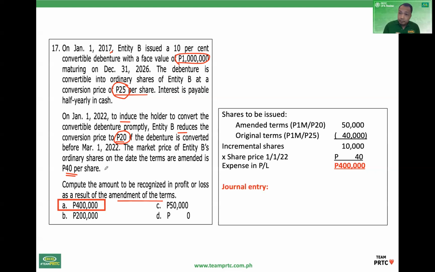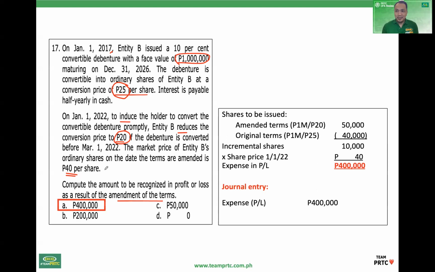Okay, if you want to be more specific, pwede mong sabihin dyan, debit, bond conversion inducement expense. Ano daw? Ang haba naman. Sige na nga, expense na lang. Yan. At yung expense na yan, i-recognize yan in P&L. So you may use any appropriate account.